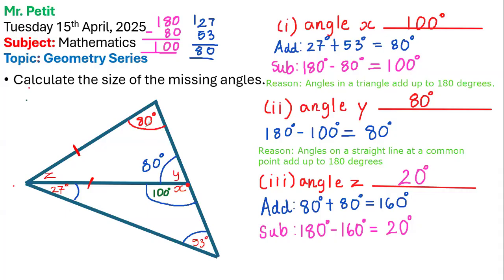80 as well. Okay. And so how are we going to get Z? What are we going to do to get Z? Once you add them up, you subtract it from 180. Why do we subtract it from 180? Because that's how much the angle equals to.